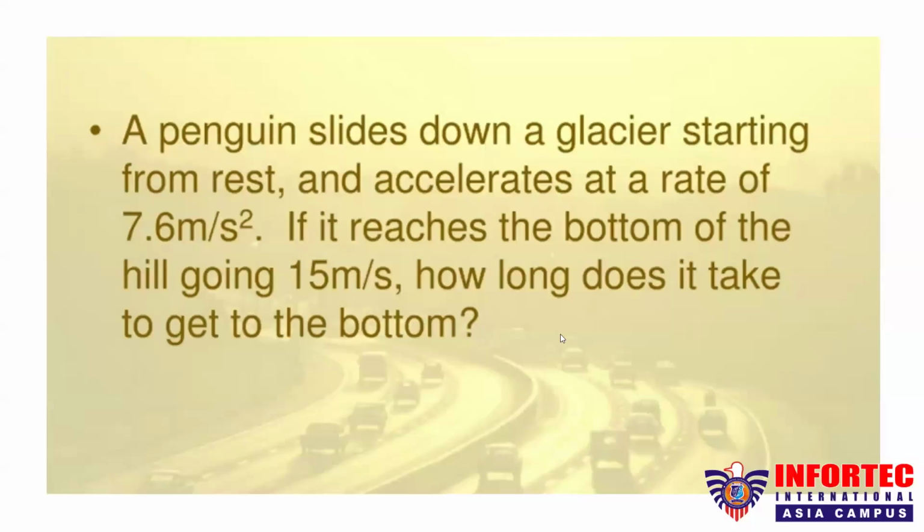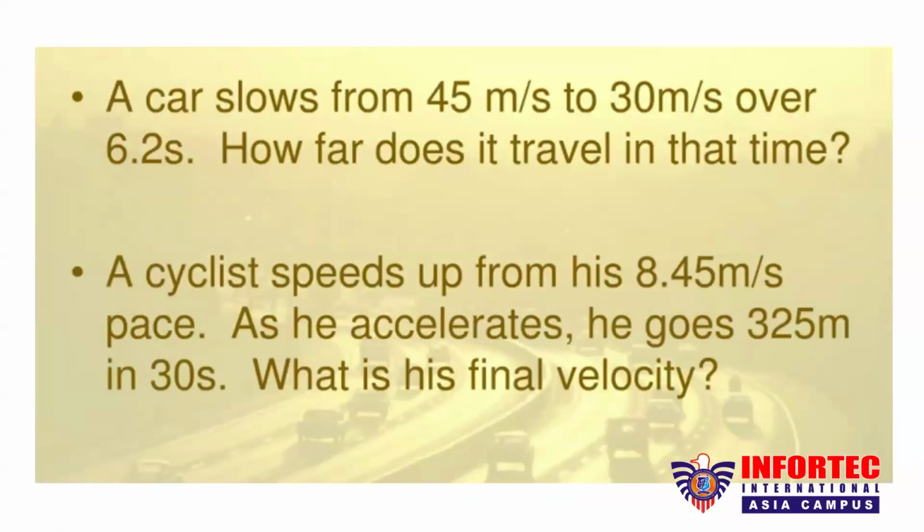In the next one, a car slows, this is important, slows from 45 m s^-1 to 30 m s^-1 over 6.2 seconds. How far does it travel in that time?